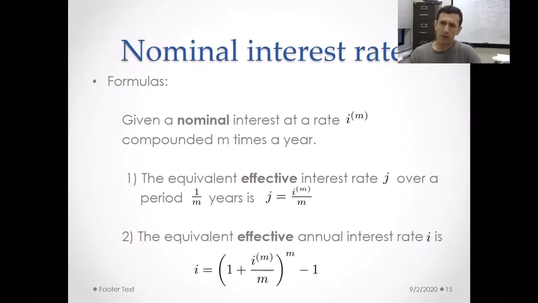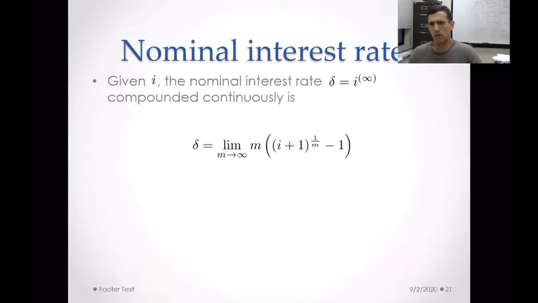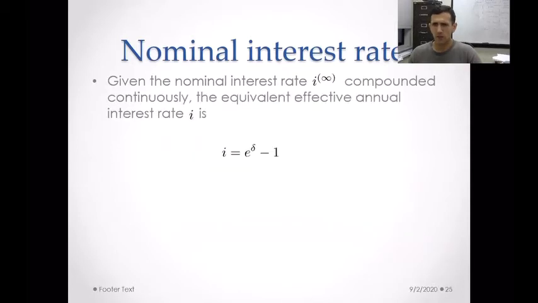This, as a function of m, is increasing. The larger m is, the larger I is, and you basically have a horizontal asymptote as a function of m, given by, as m goes to infinity, e to the delta minus 1.